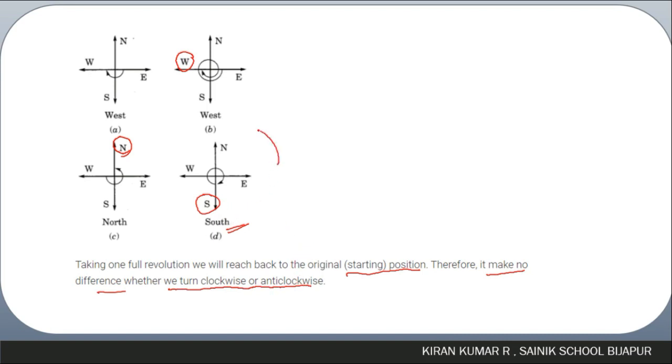Suppose take this question D. Here it is clockwise. If it is anti-clockwise also, the person would face south only. So it doesn't make any difference whether you turn clockwise or anti-clockwise.